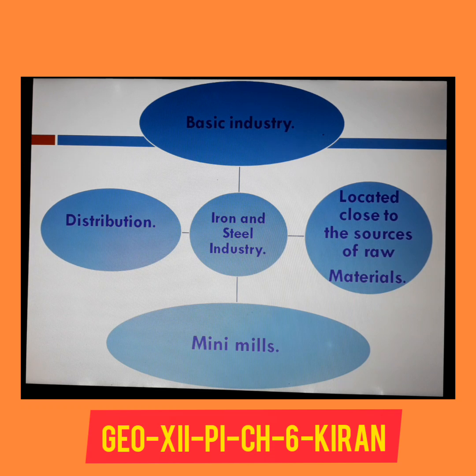In Asia, India, China, and Japan, these are the three major countries which have the iron and steel industry. In India also, there are many large scale iron and steel industry and also many mini mills.